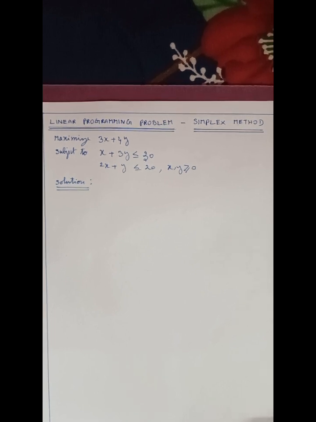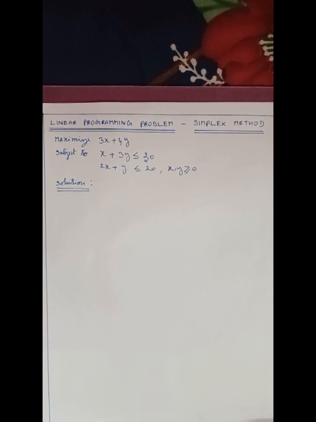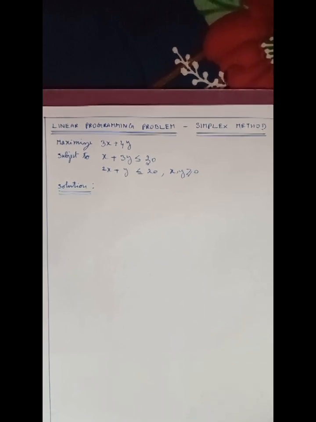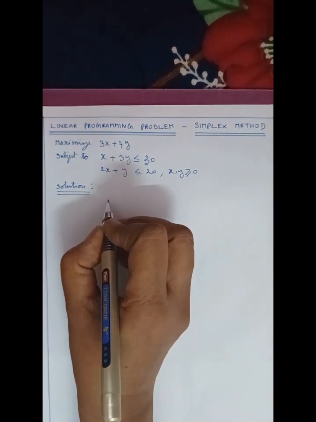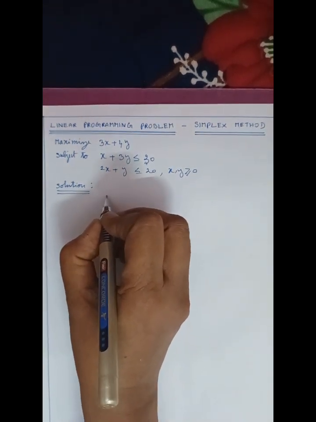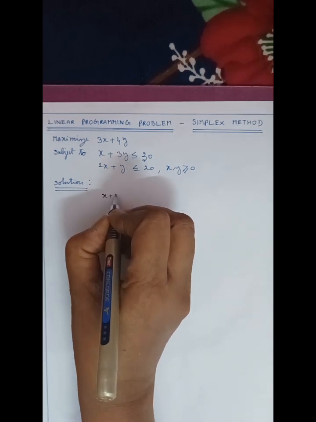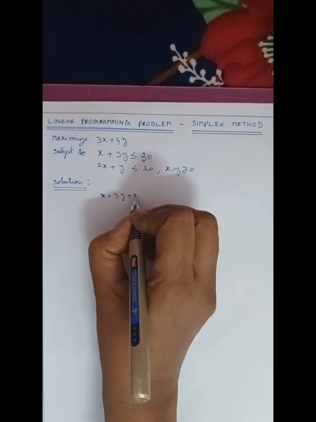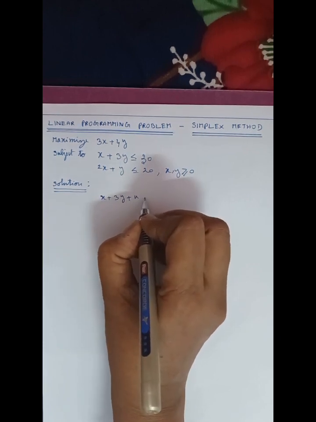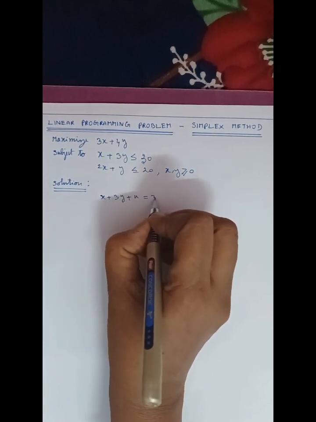So we have to convert the constraints into the form of linear equations by introducing slack variables. The very first constraint is x plus 3y less than or equal to 30. We are introducing a slack variable u, so plus u is equal to 30.